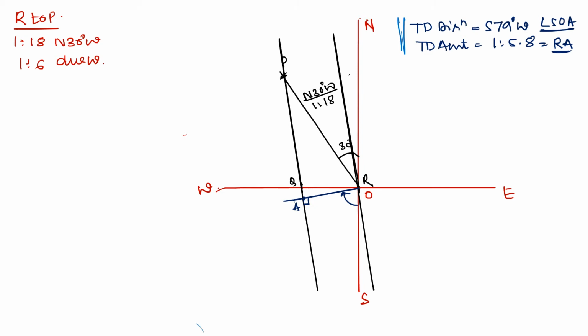And how will we get the value for the fourth borehole? I'll write down the formula once again: 1 by G into dF plus dL.